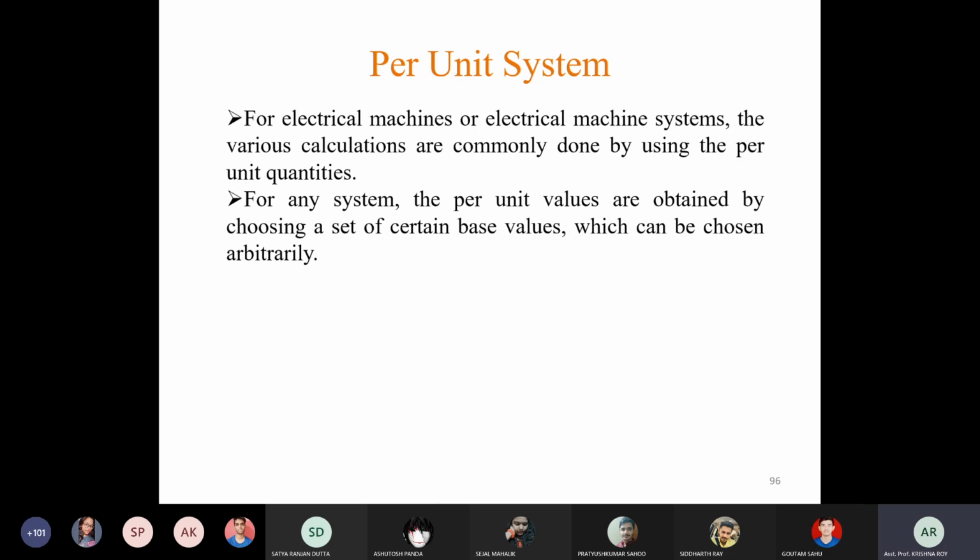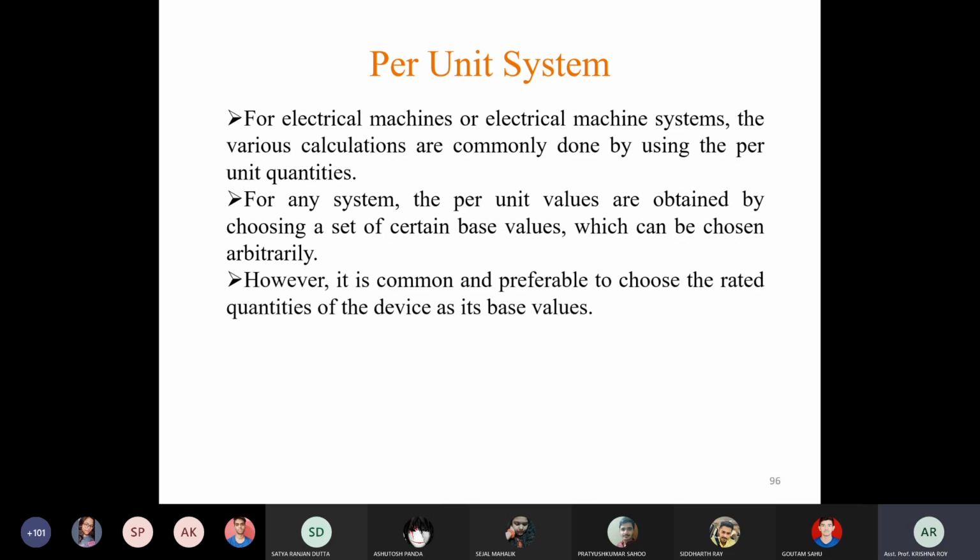It will be clearer if we first define what per unit values are. Another piece of information is that normally the rated quantities of any device are taken as the base values. So what is this base value? First of all, let us define the per unit quantity.